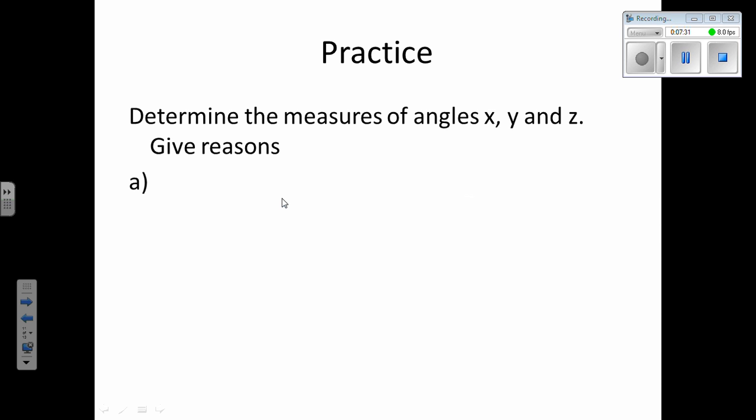All right, so determine the measures of angles X, Y, and Z for the practice.